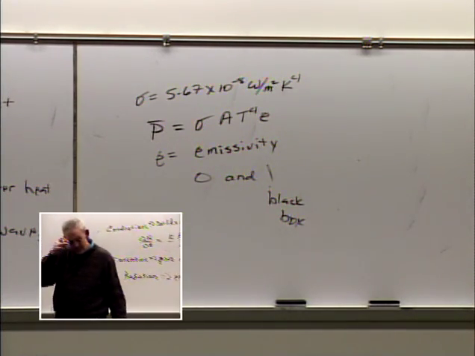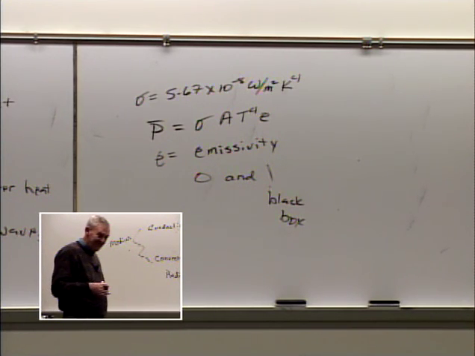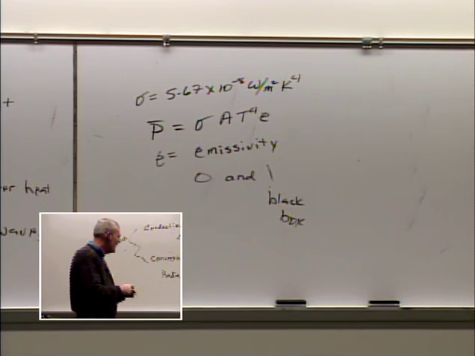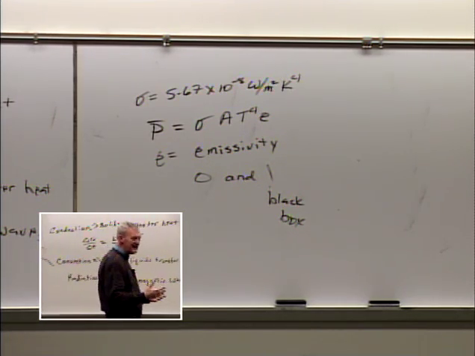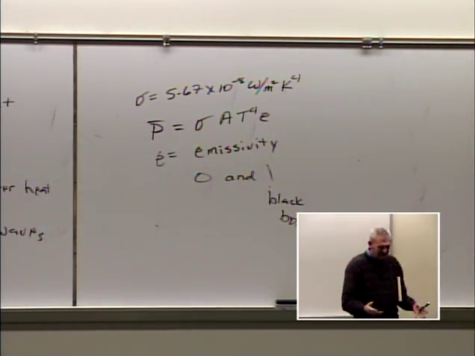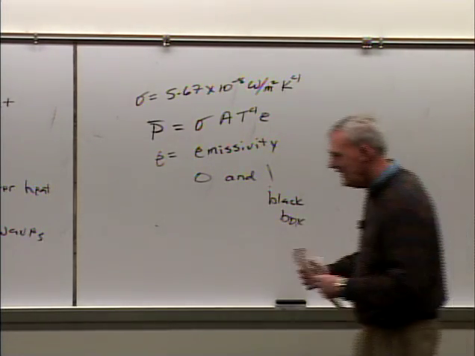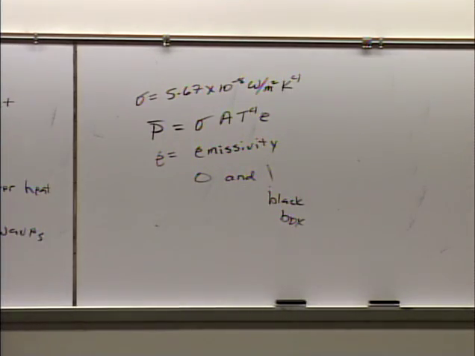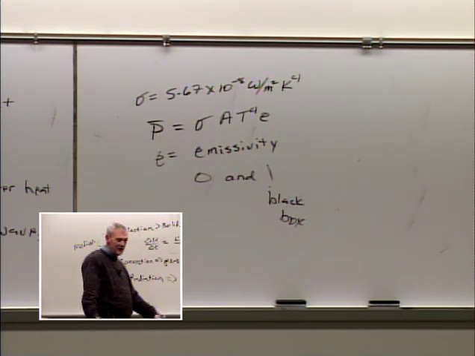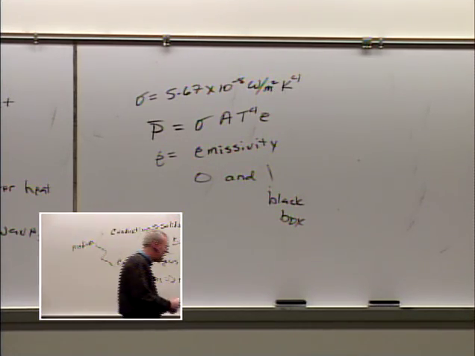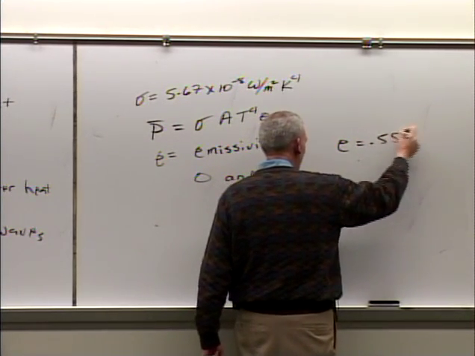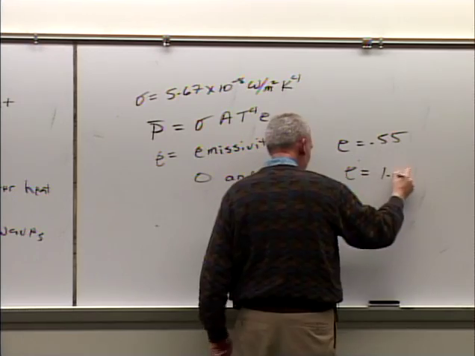All right, so here's a question. This could be on a test too. This is a more conceptual thing. Say you get kidnapped by some bad person on a hot summer day, and they give you a choice of which box they're going to put you in: a chrome box, which has an e of, let's say, 0.55, or the black box, which has an e of 1.0.